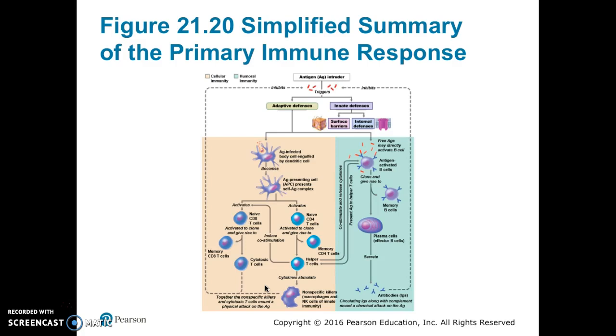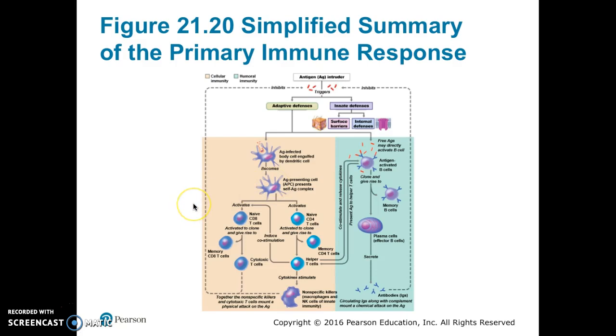Please make sure to study Figure 21.20. It is an excellent description of the adaptive defenses our body uses. The left side, shown here in the beigeish color, shows the cellular response. An antigen-infected body cell is engulfed by a dendritic cell. It becomes an antigen-presenting cell, presenting the self-antigen complex.